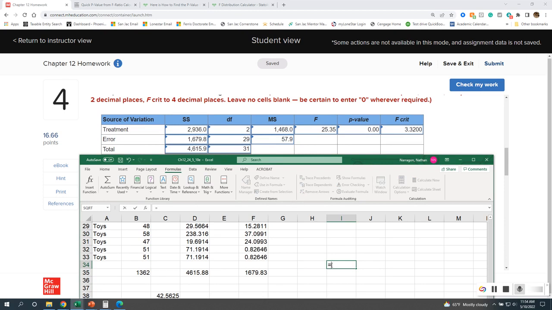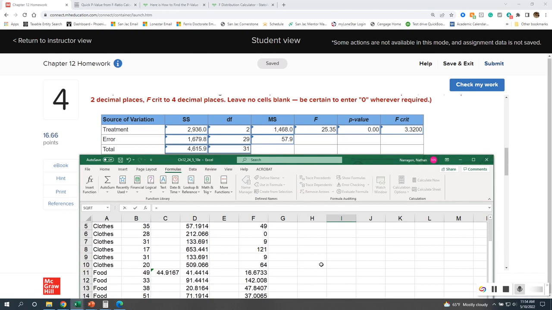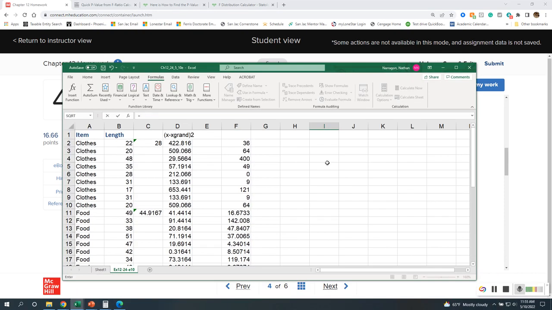So this is going to equal, we're going to put the formula up here.